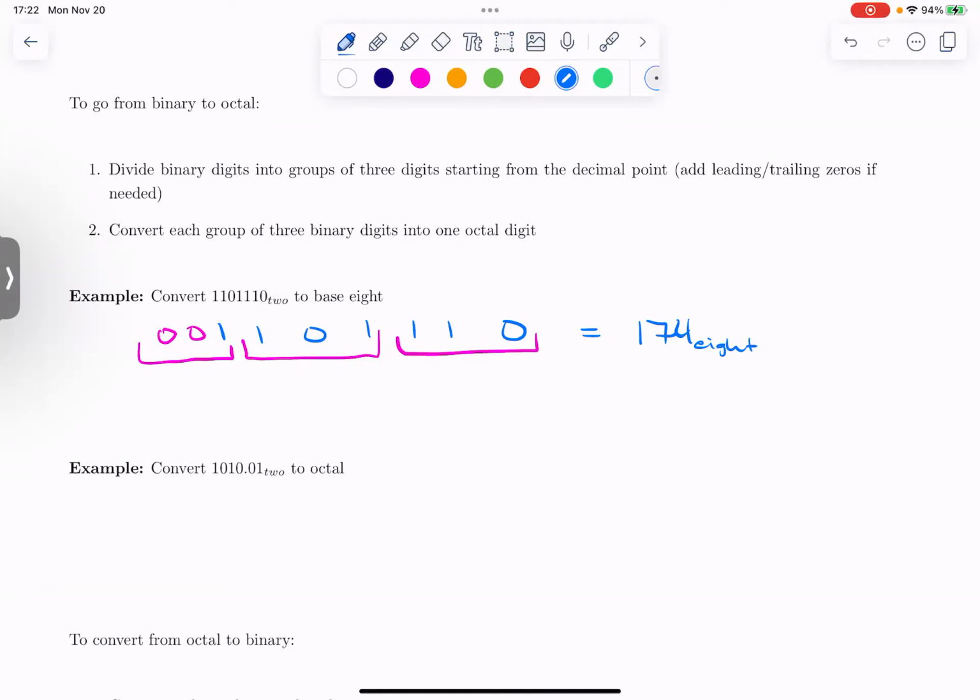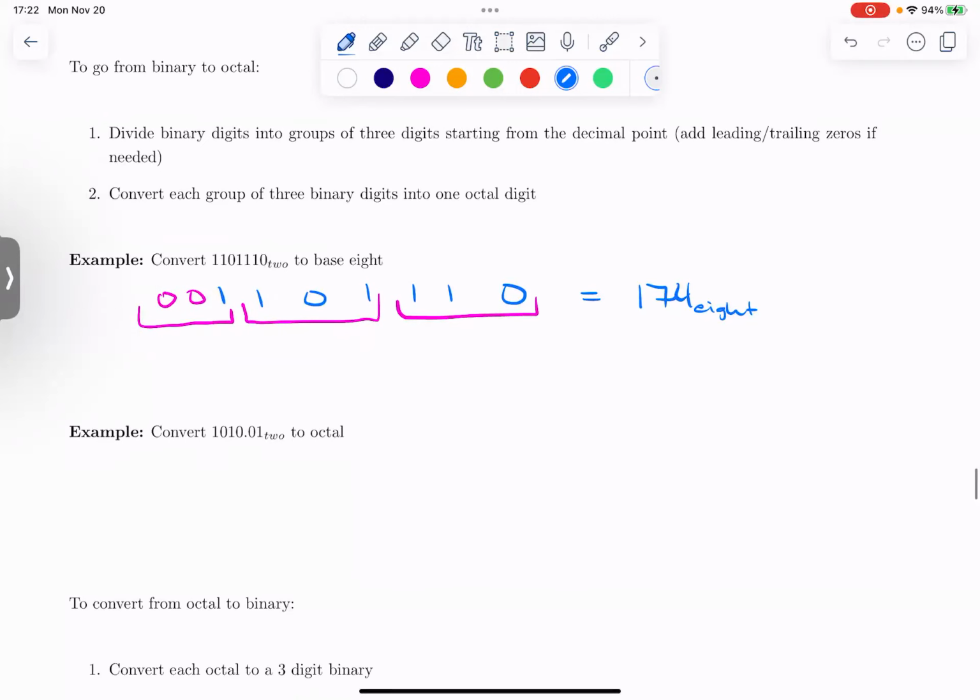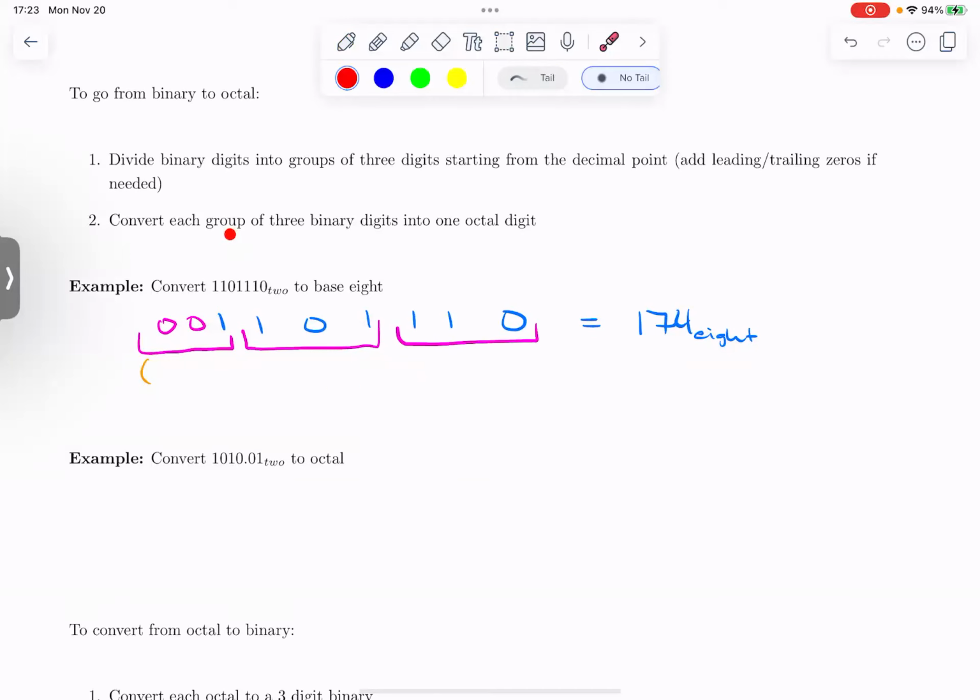Yeah. So this is 110. Converting each binary digit. The one you have written down and the one in the function. This is wrong.